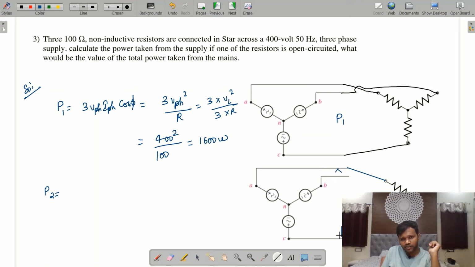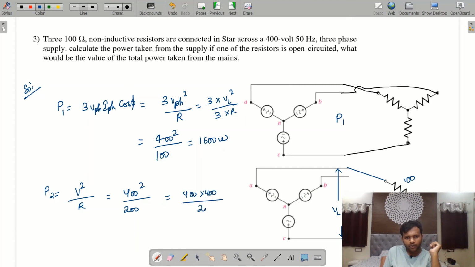This will be your line voltage VL, which is 400. So the power delivered to the load is V square by R. The total voltage across these two resistors is 400, and the total resistance is 200. So 400 into 400 divided by 200, so P2 equals 800 watts.